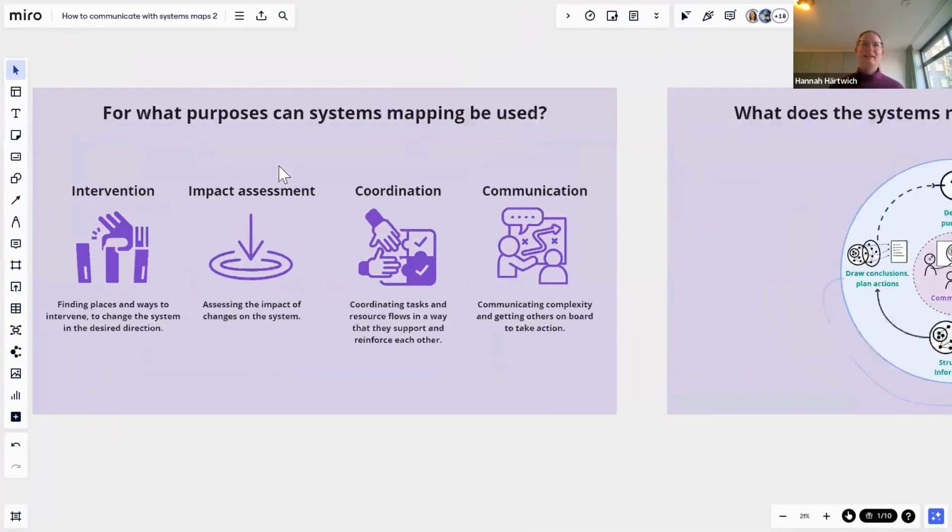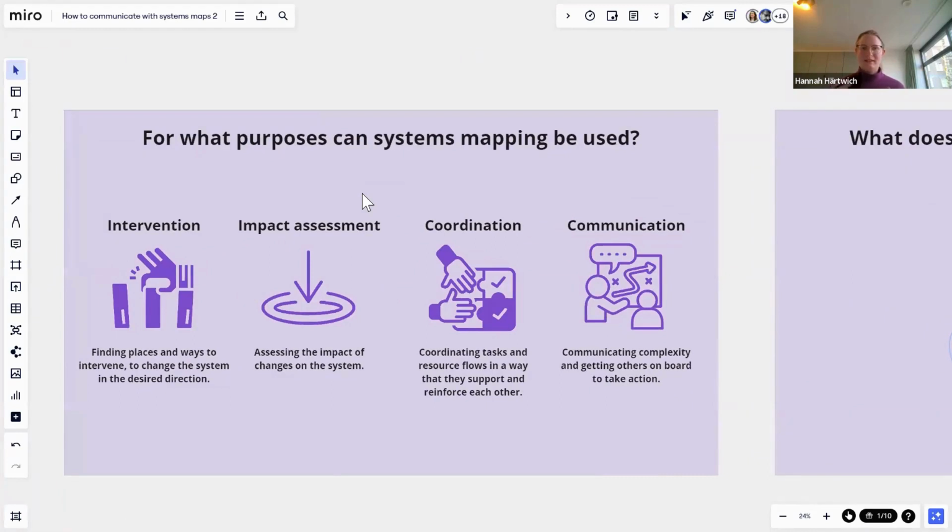So then getting a little bit more into the details of systems mapping, what can we actually use this method for? What kind of communication and other purposes are we using it for? Systems mapping is a very flexible method that can be applied in many different contexts and for many different applications.